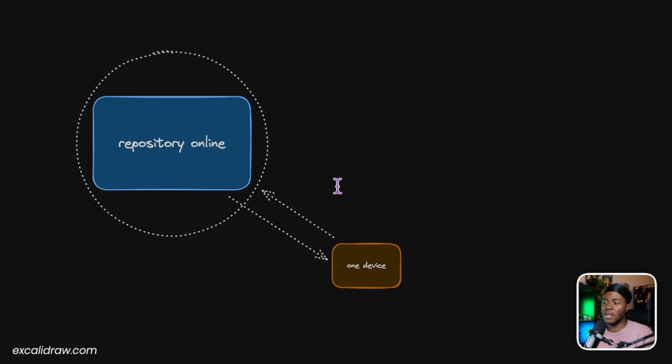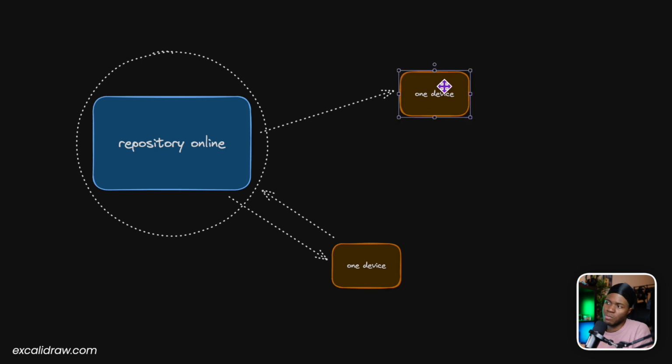And if I need to access it from another laptop, well, I can have another device here. This could be my device, or it could be somebody else's device. They can also download the repository. Of course, depending on permissions, you could configure your permissions that only you should be able to download your project, but you can also give other people permissions.